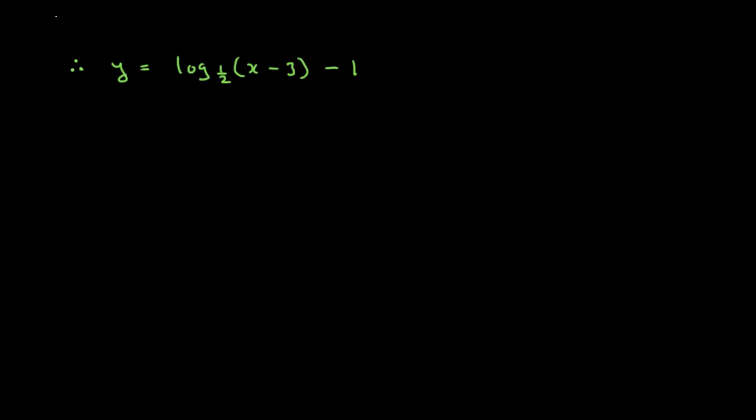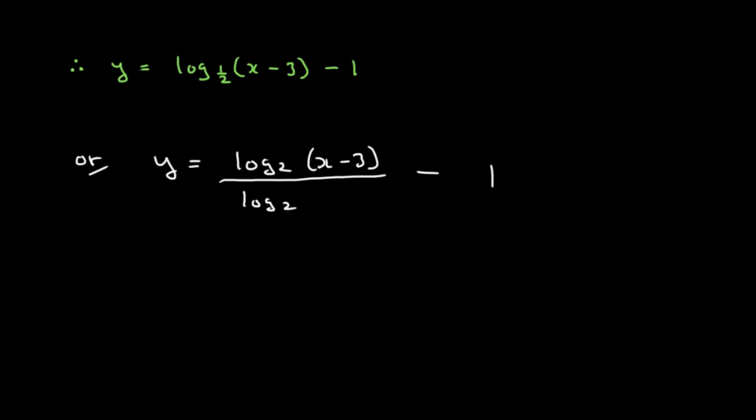So another mathematically equivalent equation would be writing this as the base 2. And of course, we would have to switch from base 1/2 to base 2 using our change of base formula. And the input stays on the top and the old base goes to the bottom. And I think you can see where this is going.